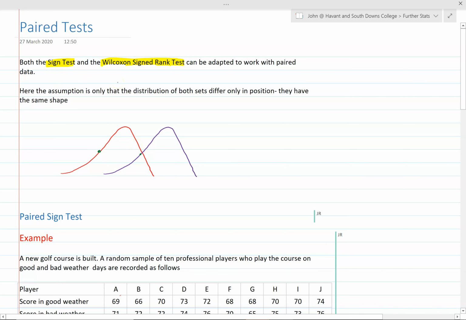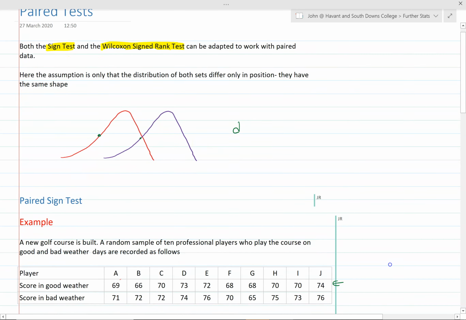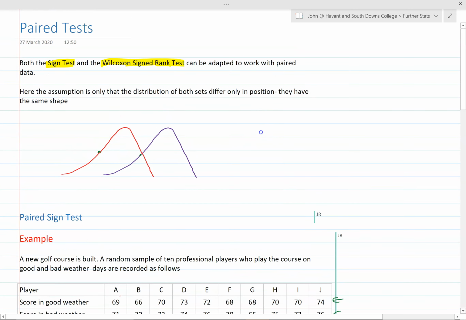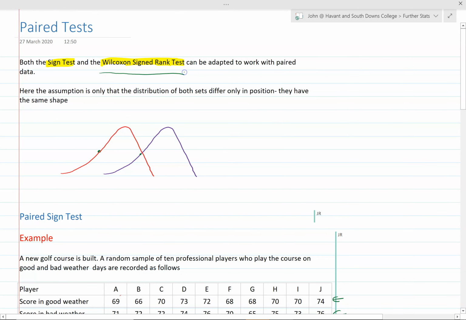In other words, the test statistic is the difference between the two, and because the shape of each distribution is the same, the distribution of the differences will be symmetrical. So if that assumption holds, the Wilcoxon signed rank test can be used, because that's the thing we do the test on. But we can use the sign test as well.